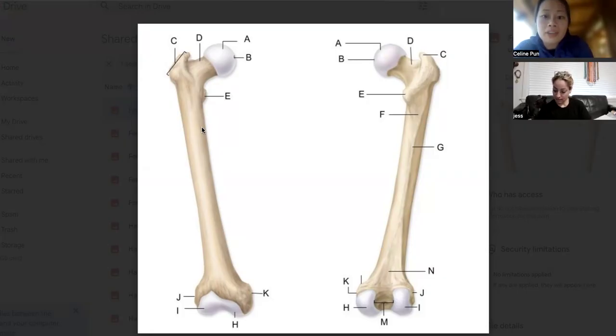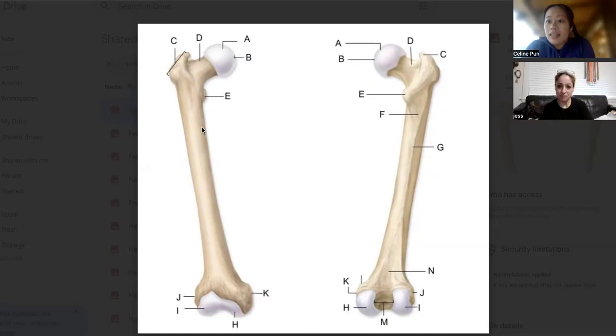And in between them, do you remember what the in-between is called? It's the intertrochanteric line. So it uses the word trochanter. Do you remember what inter means?